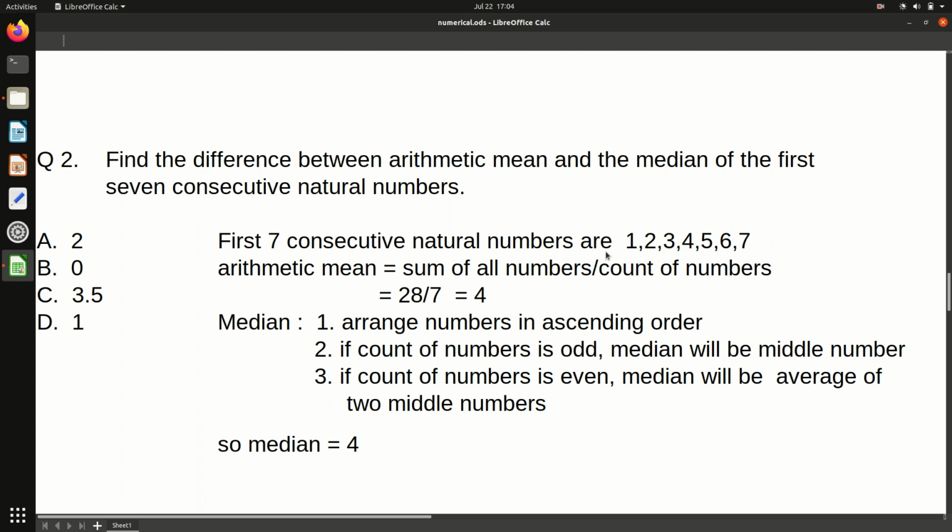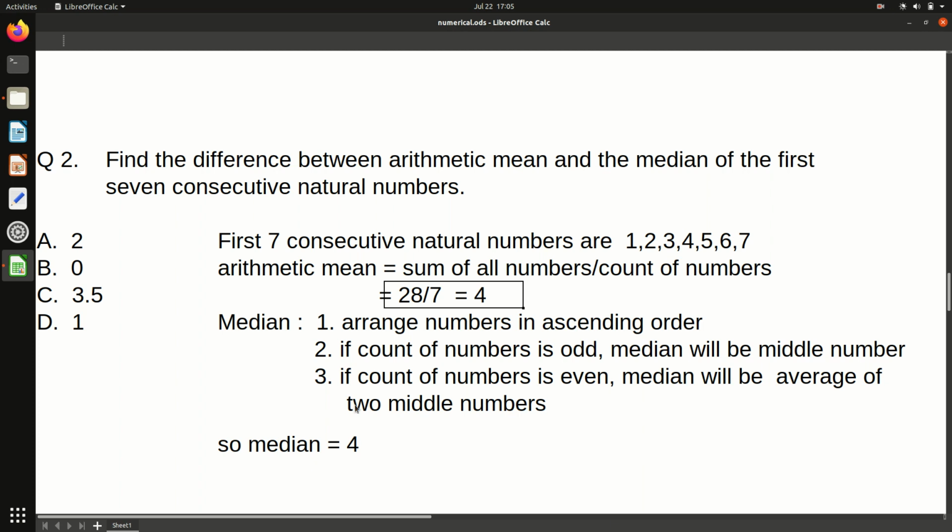So 1 to 7 I will add, then it comes out to be 28, and then divide by 7, we will get 4. So mean is very easy, just the average. Whatever numbers you have been given, just add all, then divide by how many numbers you have. Suppose there had been one more number, suppose 8, so it will be the sum of all the 8 numbers divided by 8. That's all.